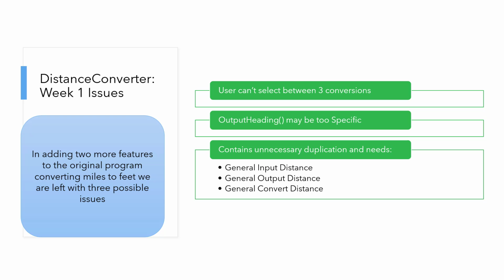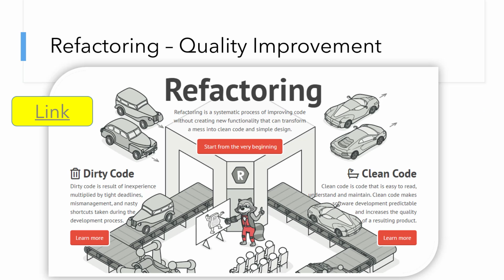Our output heading may be too specific, and you probably got unnecessary code duplication now, in that we've got 3 input distance methods, 3 output distance methods, and 3 convert methods. And we need to remove this unnecessary duplication by refactoring.